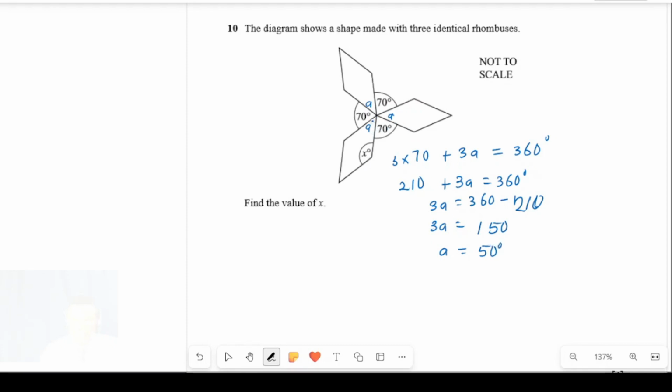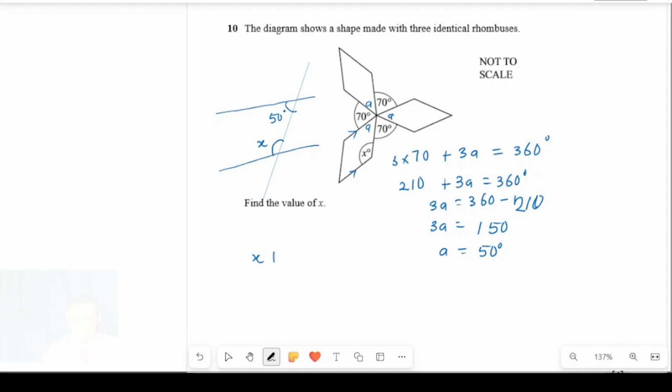And then this angle here, they add together because this is parallel to this. Remember, when you have a parallel line, the angle here, which is x, and the angle here, which is 50 degrees, add up to 180 degrees.